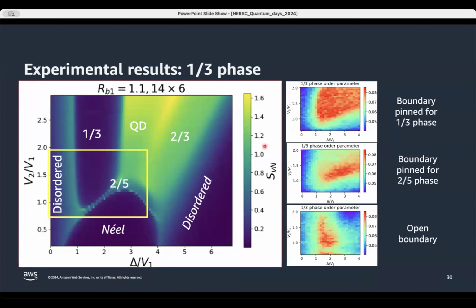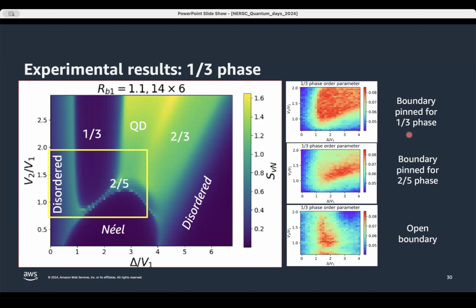Okay, so these are the experimental results. The left hand side is the simulation result, and the right hand side is the experimental result. Here we're probing a region of the phase diagram in this square, and this one is measuring the 1/3 phase order parameter.